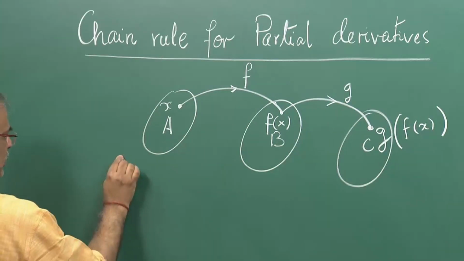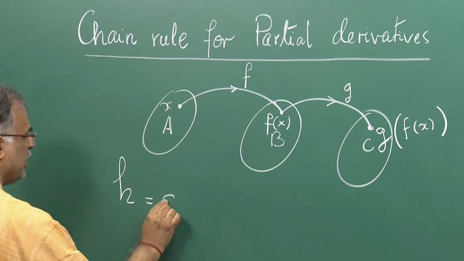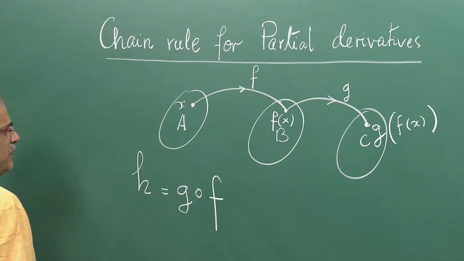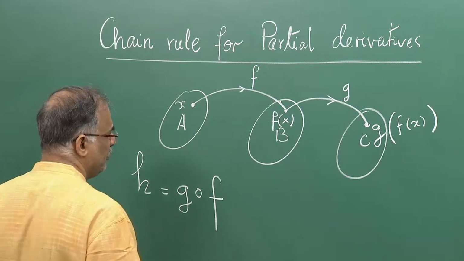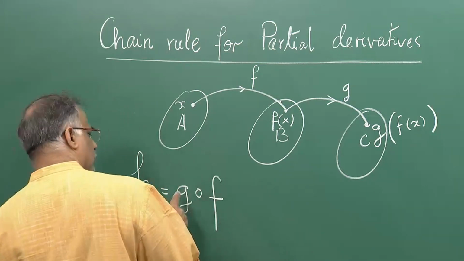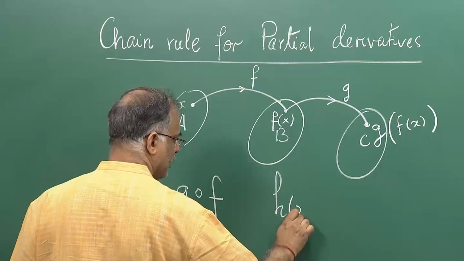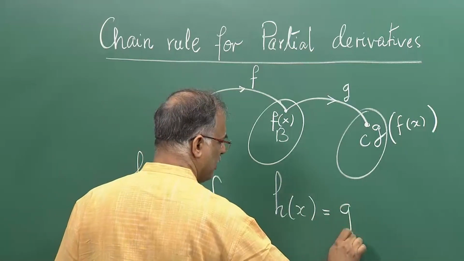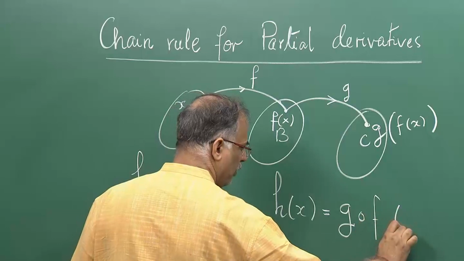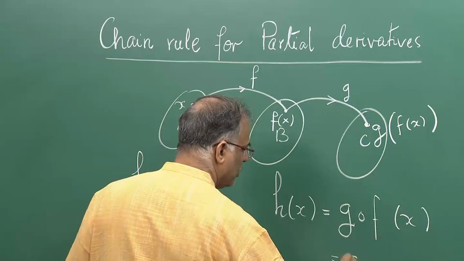So if I write this function h as g composed f, that is first I apply f, then I apply g. So f followed by g. So h of x, which you can write as g composed f of x, is nothing but g of f of x.